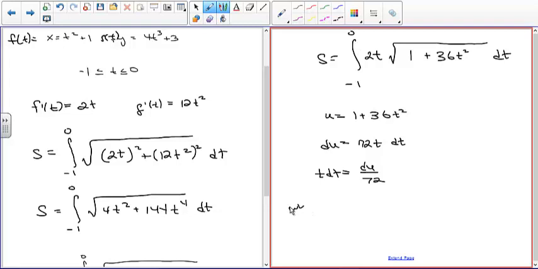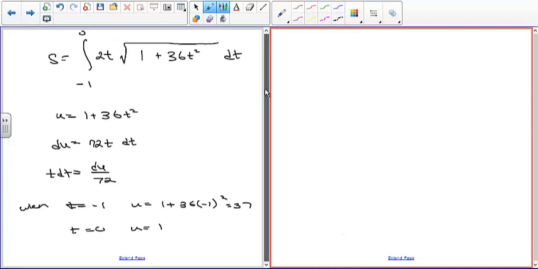So remember, when t equals negative 1, u equals 1 plus 36 times negative 1 squared, which is 37. And when t equals 0, u equals 1.